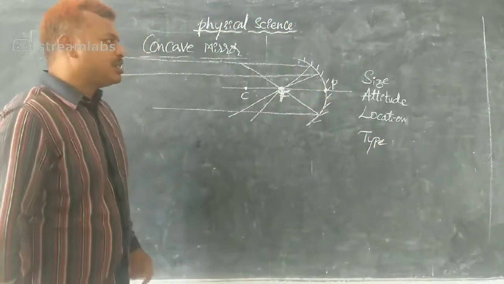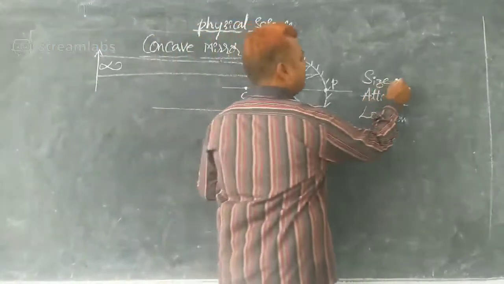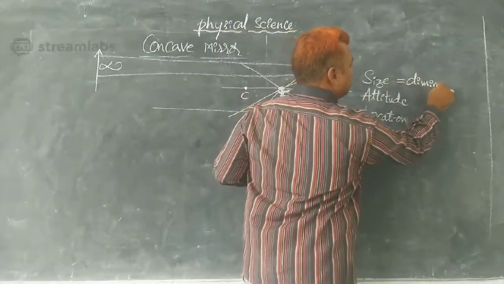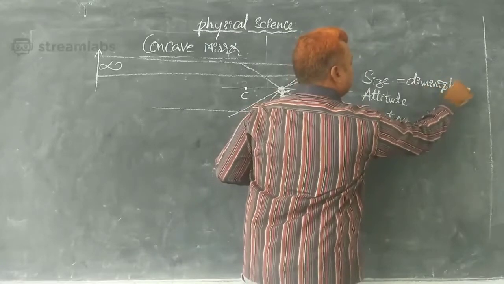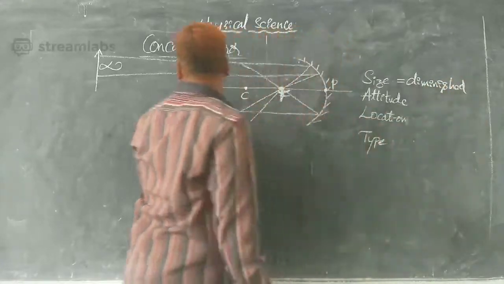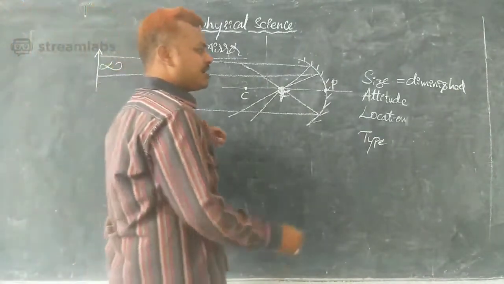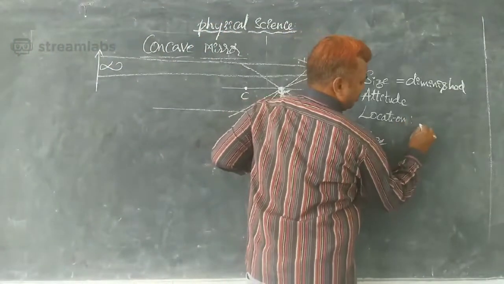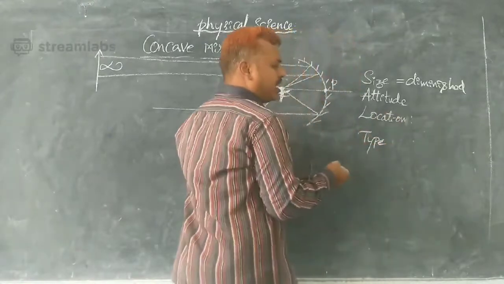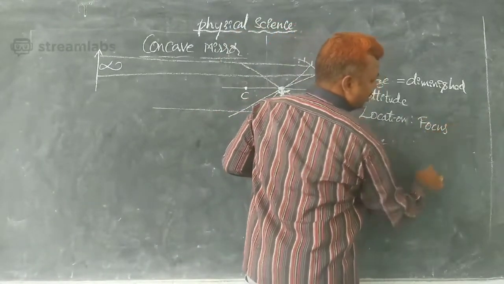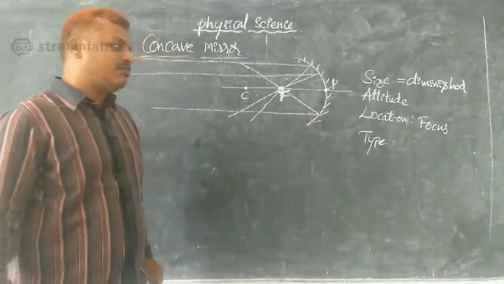Here the size of the image is diminished when the object is placed at a location at infinity. So the image is formed at the focus.